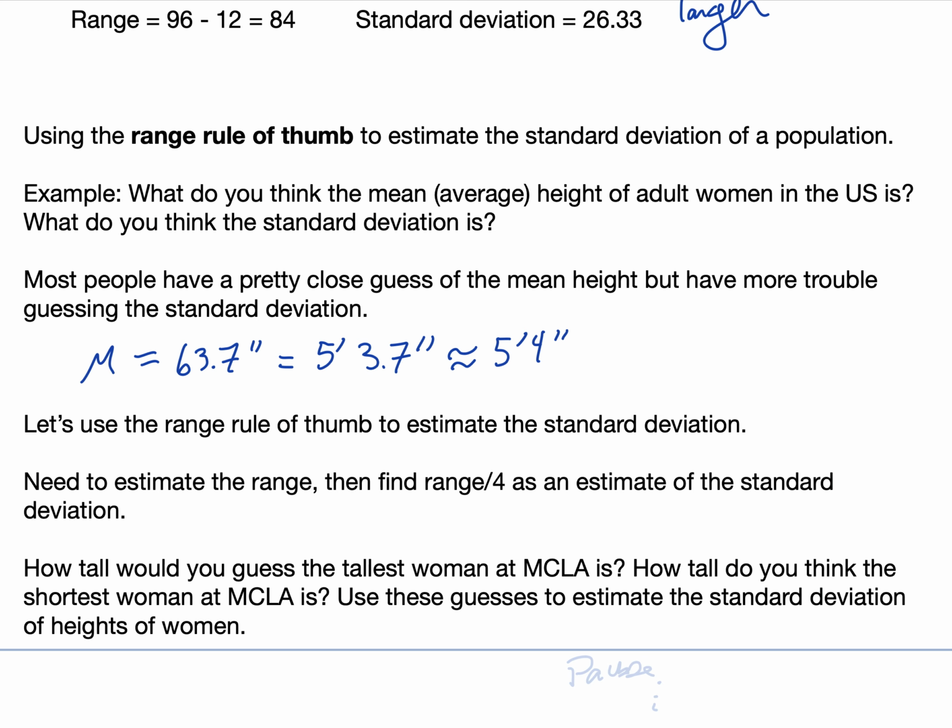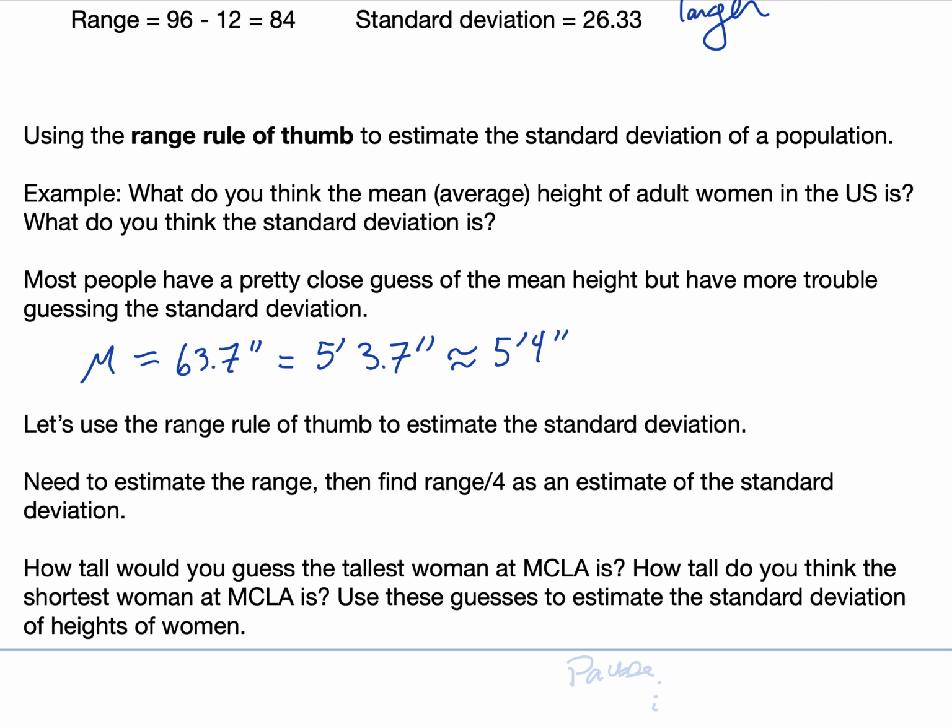Now, a lot of people have more trouble having an intuitive guess for the standard deviation. So let's use the range rule of thumb to try to estimate it. To do that, we need to estimate the range. We're not given it. We have to think of it ourselves. And we then take that range and divide by 4 as an estimate of the standard deviation.